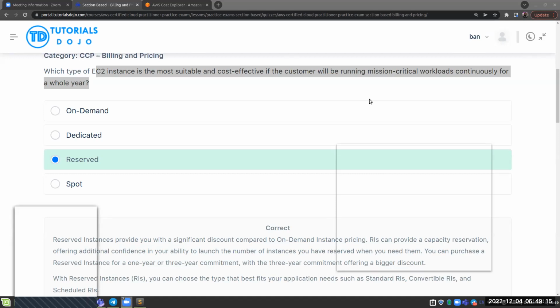So it's difficult to run a spot instance for a whole year, although the price will be cheap. What about dedicated instances? When do we use dedicated instances? That's B. Anyone remembers?